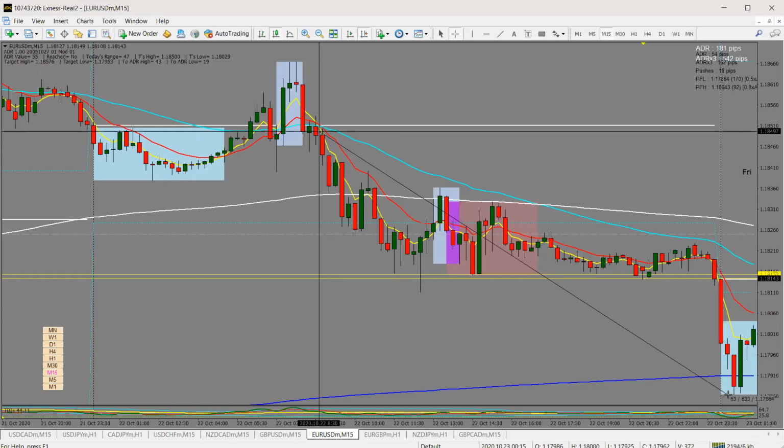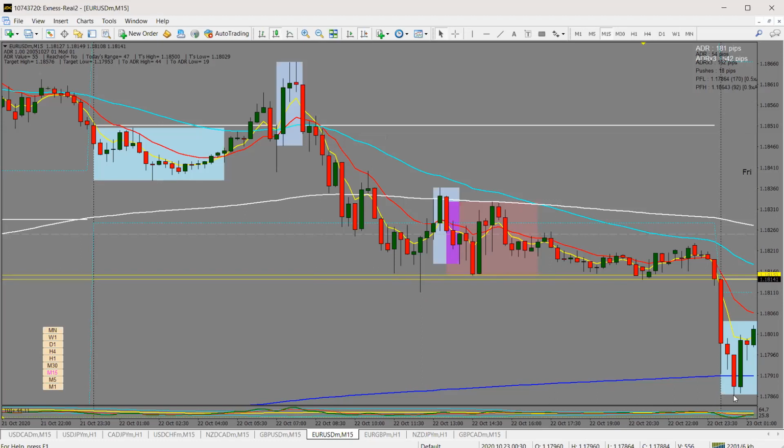It's only that we are so greedy, but 63 pips with the value of the pair that you'll be trading, trust me, you make a lot of money. You make a lot of money.